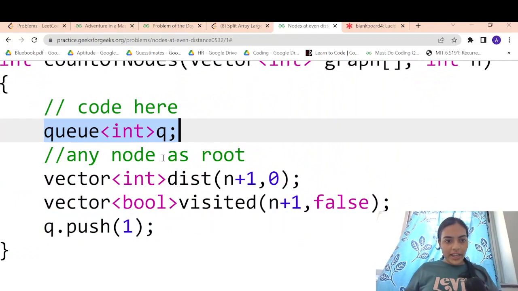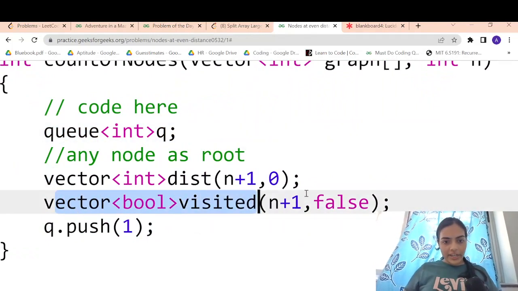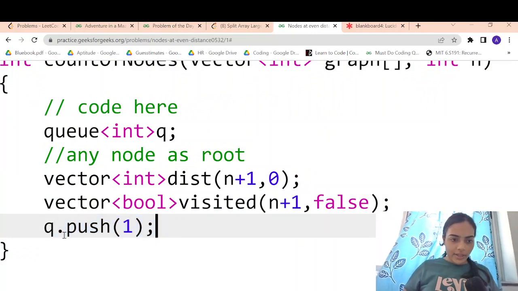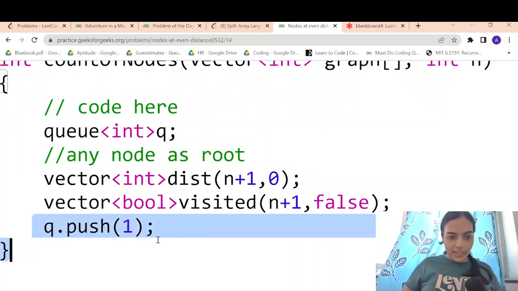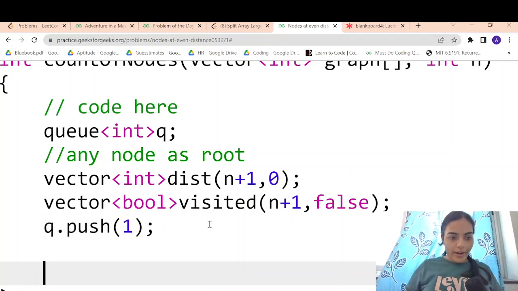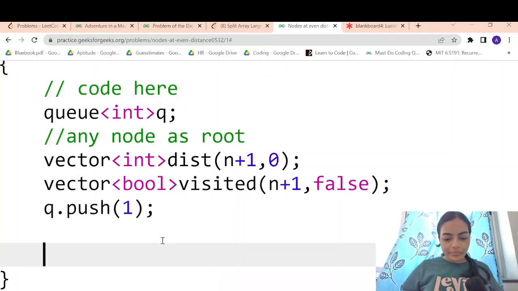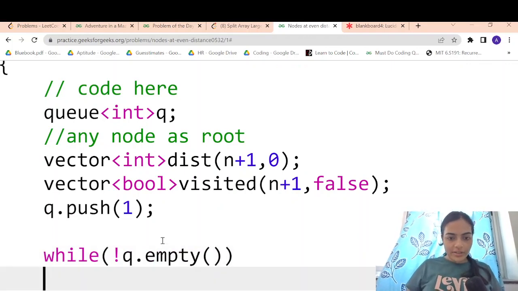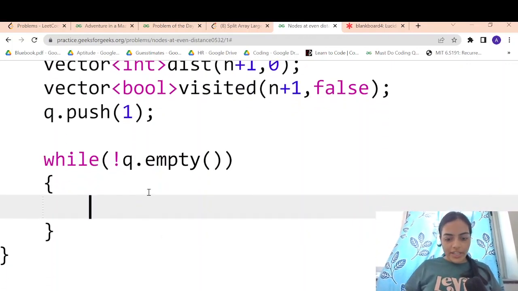So what we did, we declared a queue, we declared a distance vector, we declared a visited vector, and for simplicity's sake, and so that it's valid for all the test cases, I am pushing the node 1, okay? Now let's quickly do the BFS. While not queue.empty, what do we do in the BFS algorithm?